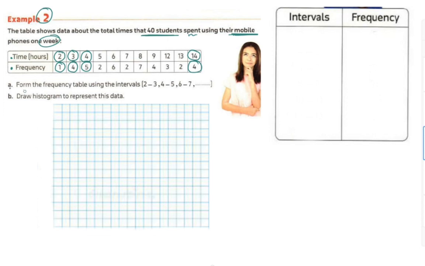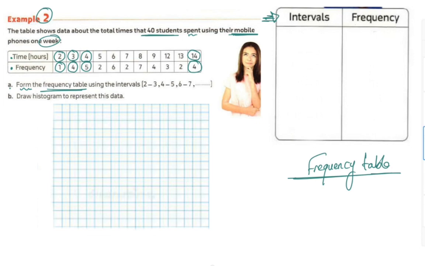First question: from the frequency table, using the intervals, we will write the frequency table like this one. This is called a frequency table. A frequency table has 2 columns: the first column is the interval and the second one is the frequency.